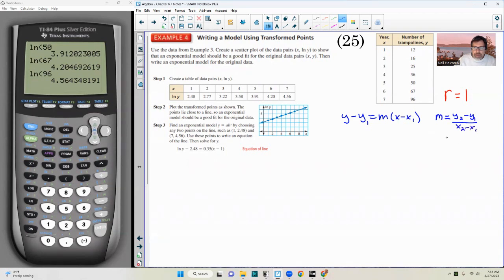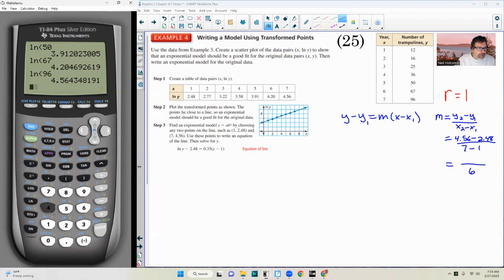So that's going to be y2, 4.56, minus 2.48 over x2, I'm sorry, x2, 7, minus x sub 1, which is 1. So this is going to simplify to 7 minus 1 is 6. 4.56 minus 2.48 is 2.08.